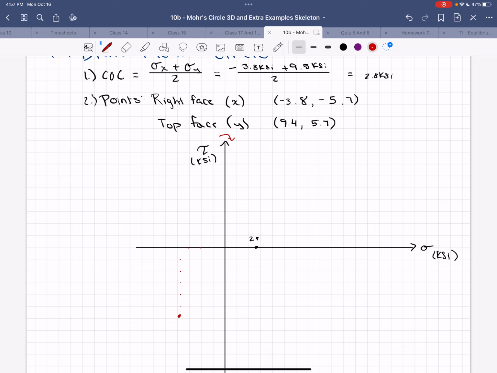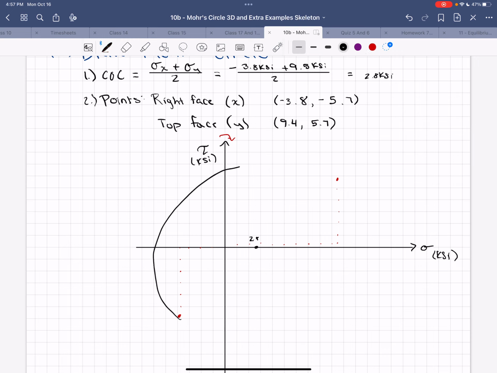I'll label it in a minute. Then my y face is 9.4. So I'm going to go 1, 2, 3, 4, 5, 6, 7, 8, 9.4, and then I'm going to go up 5.7. All right, so those are my 2 points.